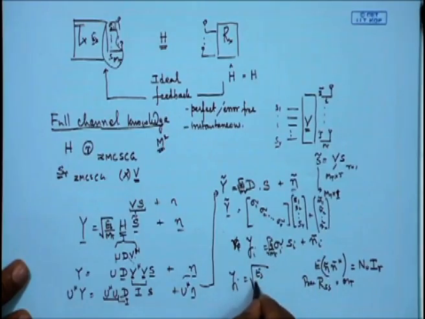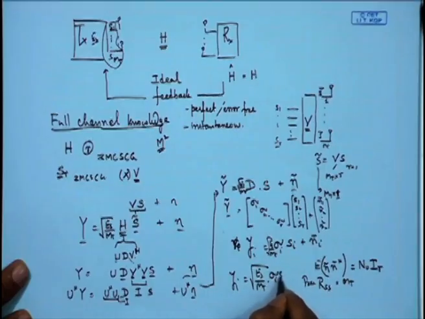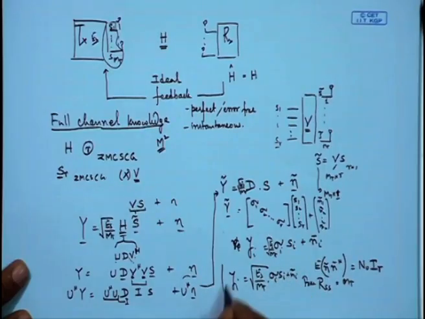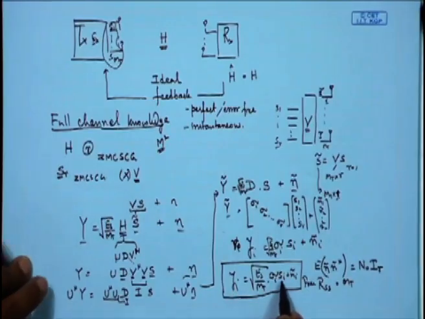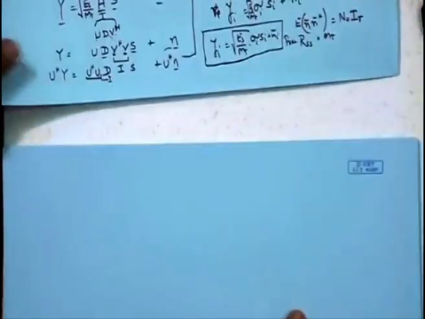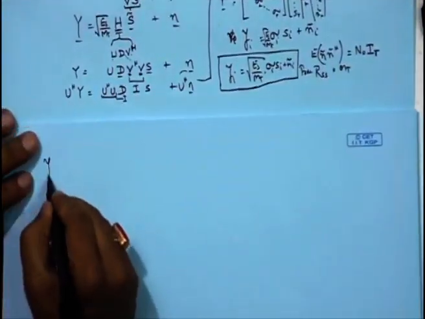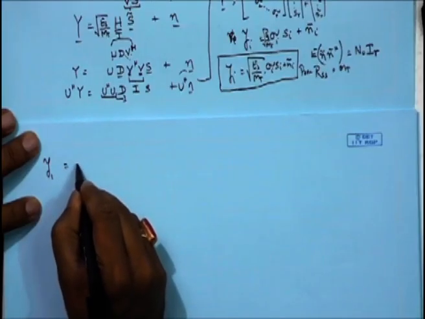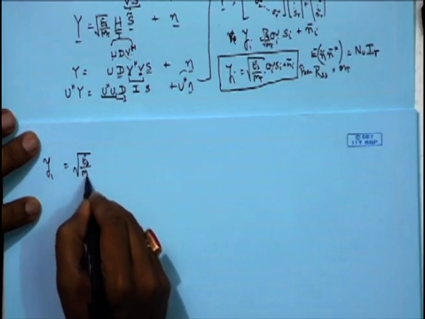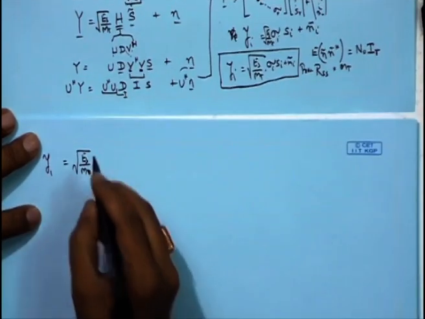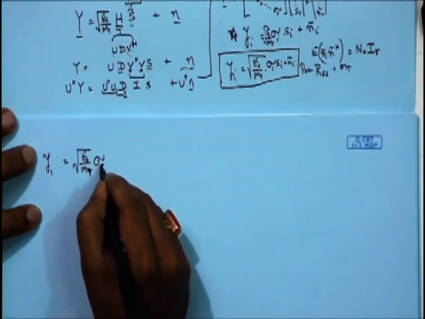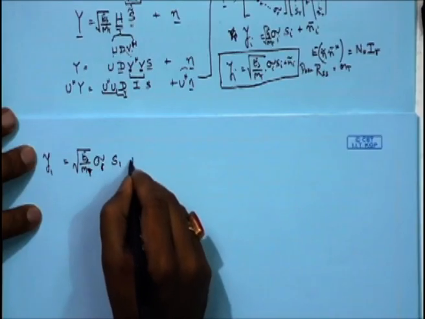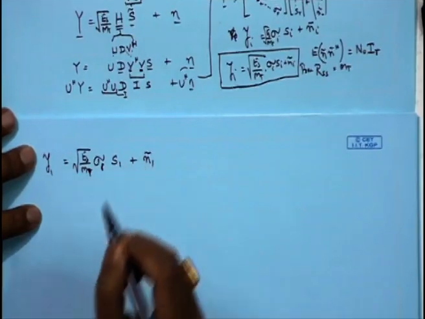yi is equal to root over Es upon MT times sigma i Si plus N tilde i. So yi is the ith received signal, and Si is the ith transmitted signal. In this form, y1 contains only S1: root over Es upon MT, since we have MT antennas, times sigma 1, the first singular value, times S1 plus n tilde 1, with variance N naught.